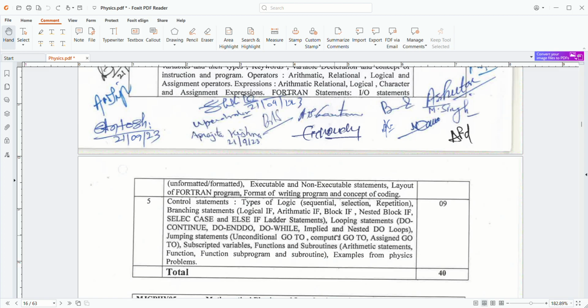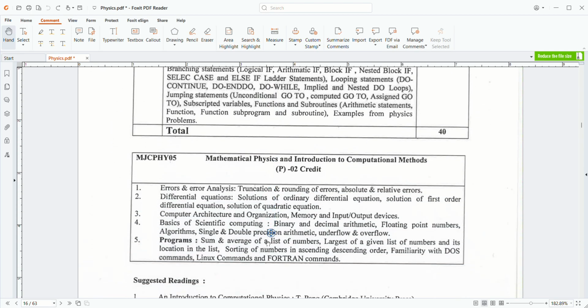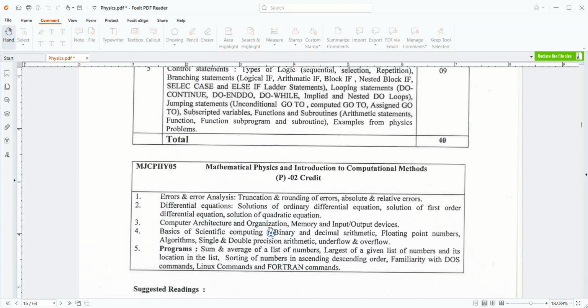Jumping statements: unconditional GO TO, computed GO TO, assigned GO TO, subscripted variables, functions and subroutines. Arithmetic statement function, function subprograms, and subroutines. Examples for physics problems.